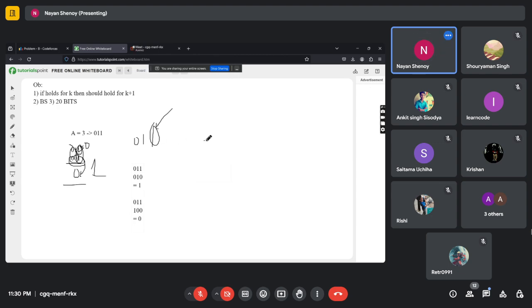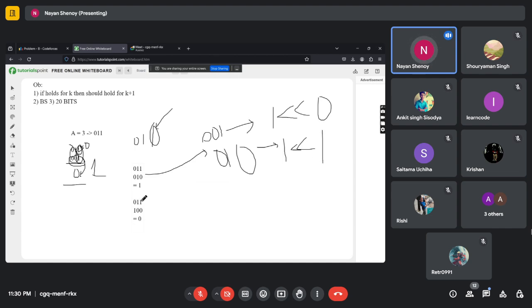Correct. Now, if you carefully see, here I have taken 0, 0, 1, 0, 1, 0, 1, 0, 0. What is this? This is basically 1 left shift 0, correct? This is 1 left shift 1, and this is 1 left shift 2.